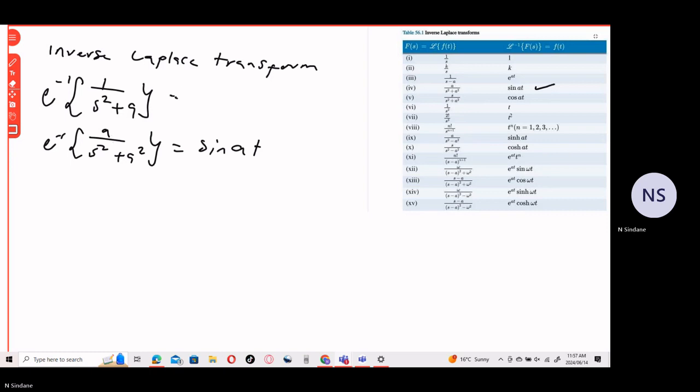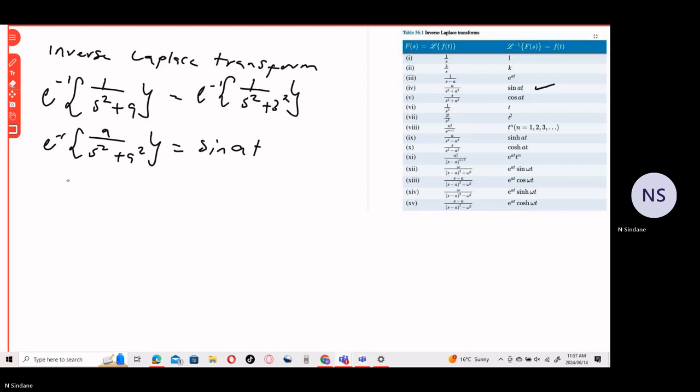The first thing we have to do is rewrite this 9 in terms of exponents, which will be 1 over s squared plus 3 squared. Then my numerator should, in this case, be equal to 3. So how do I make sure my numerator is equal to 3?